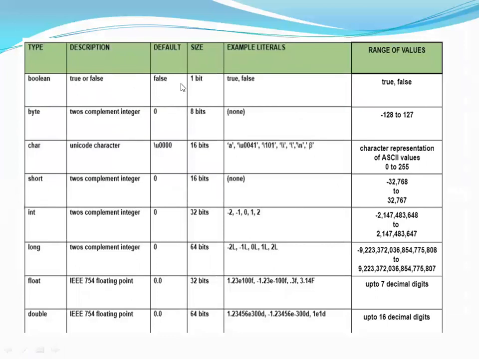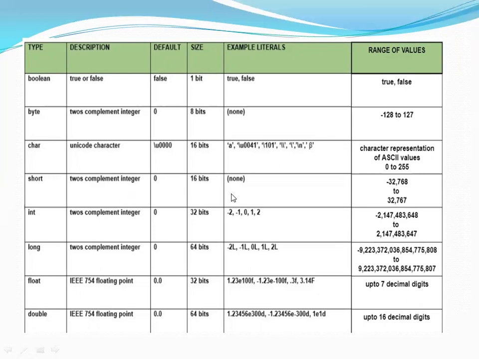Now these are the lengths. Boolean is going to accept true or false values, and the size of this is 1 bit. Byte means 2's complement integers, 8 bits, so it will accept from minus 128 to 127. If you want to assign more than that value, it cannot hold it. Character will allow a single character, whatever we define.